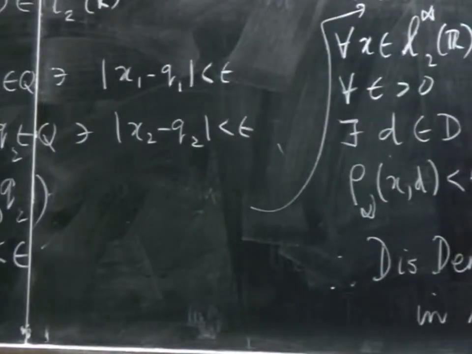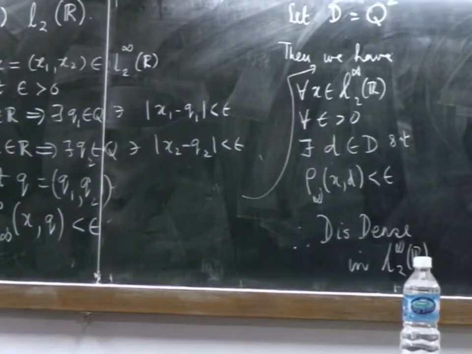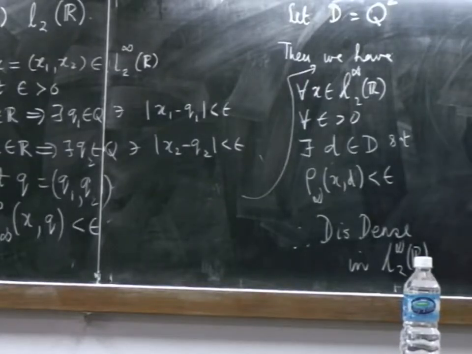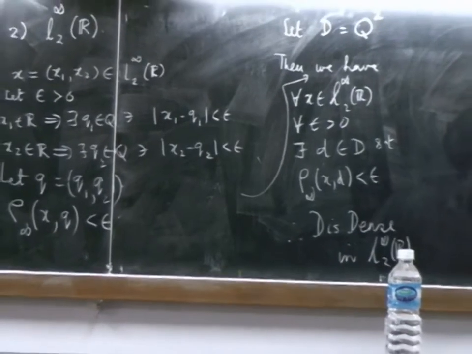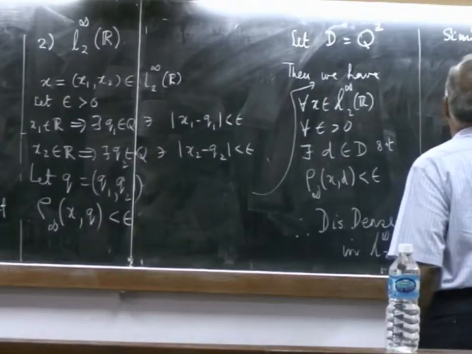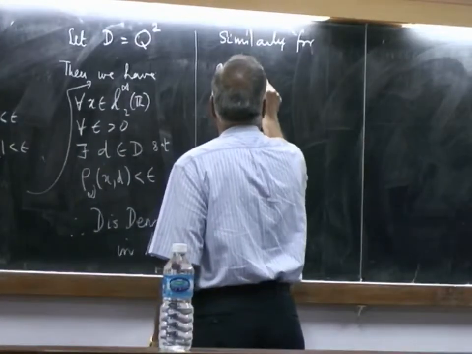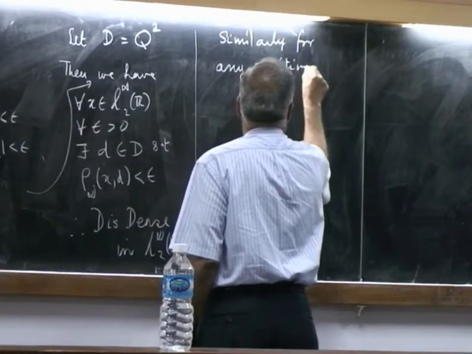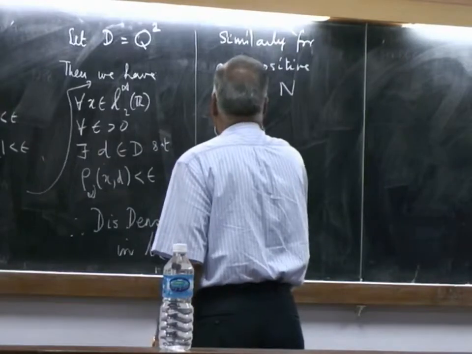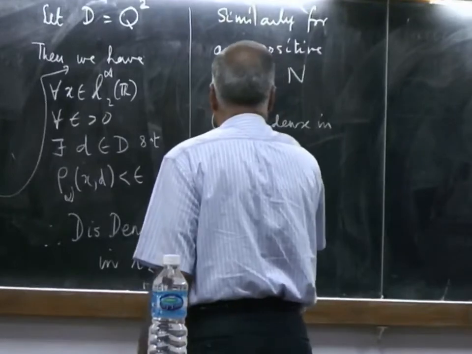And therefore, if I now put n there, similarly, for any positive integer n, Q to the power n is dense in L infinity with n components.